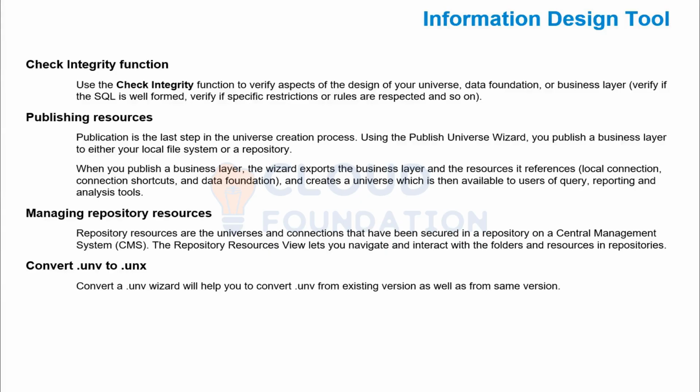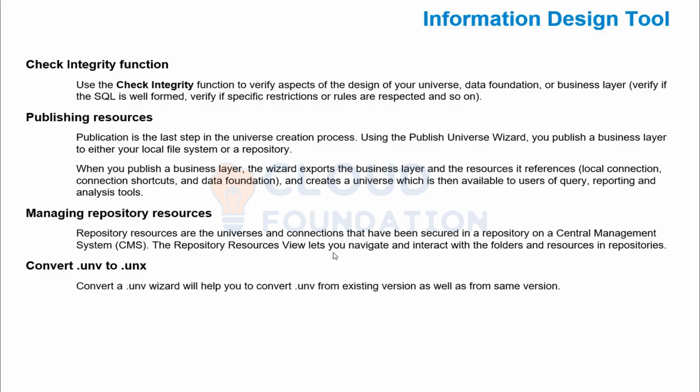If the CMS server is up and running, only then can we access our repository resources from our development side. For this also, we have three servers for three different systems: development, quality, and production.